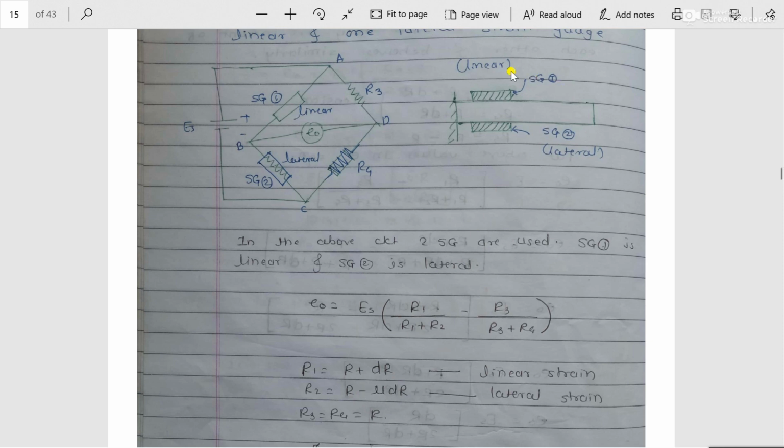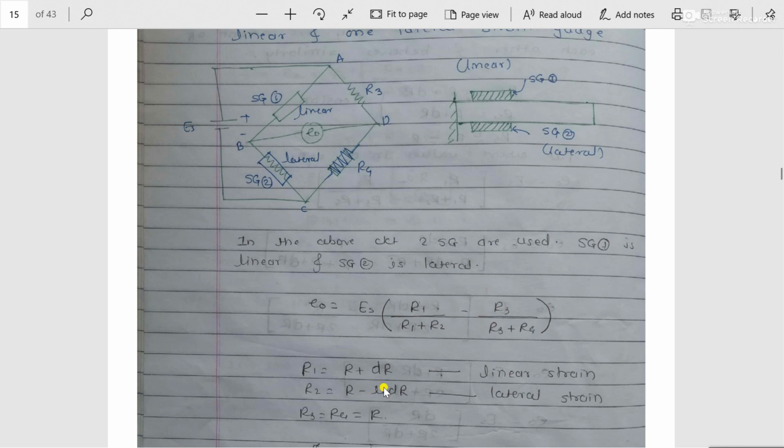Because if you go through the cantilever beam, once again strain gauge 2 is pasted at the bottom side, and the bottom portion of the cantilever beam is subjected to compression. Therefore the compression of the strain gauge is taking place, meaning the resistance decreases from R by delta R. Therefore here the minus sign is taking place.